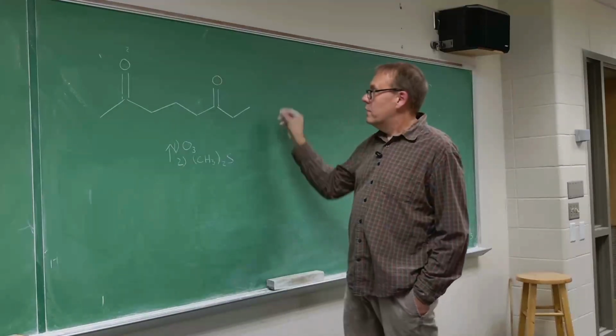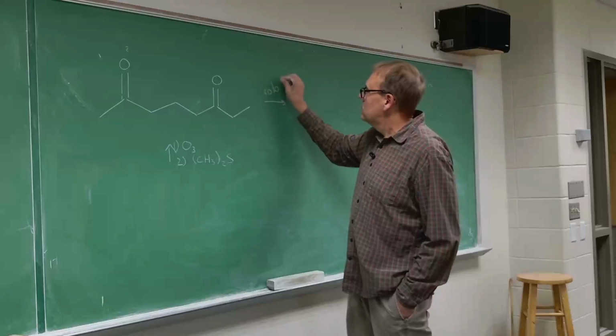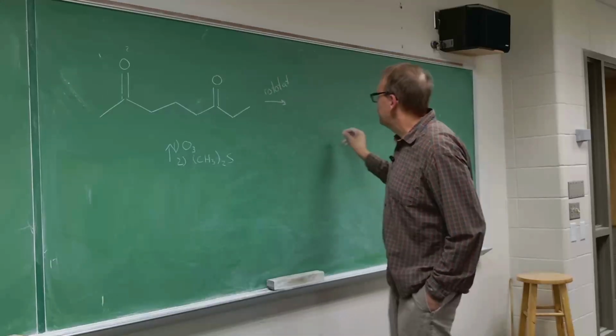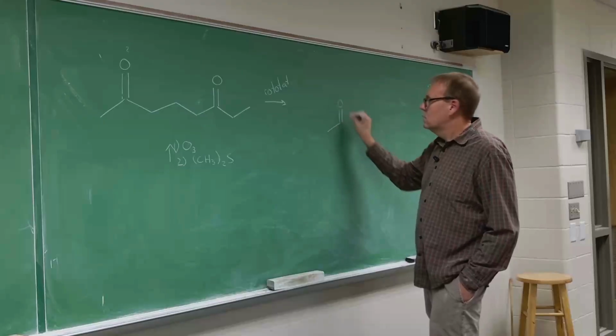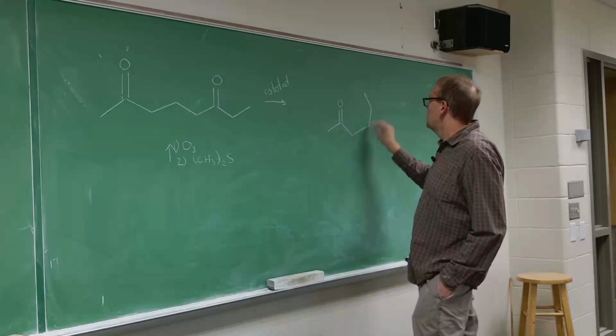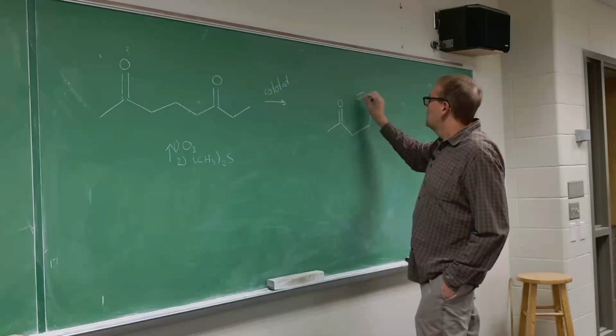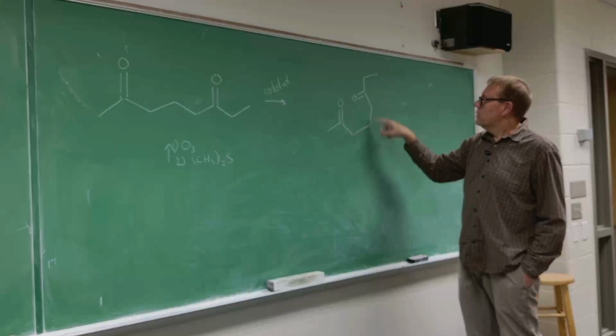And one thing you could do, if it's helpful, is you could imagine just rotating this thing into a conformation that makes it look more like a ring. Maybe this helps. 1, 2, 3, 4, 5.